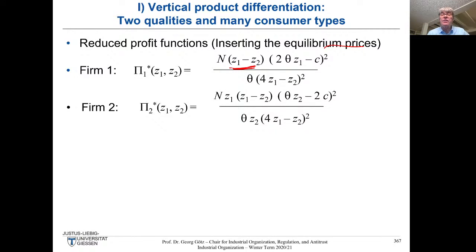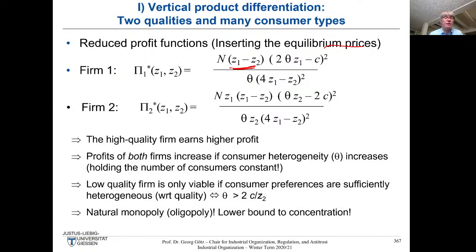You also can see the derivative with respect to Z1, I think that's what's written here. I should move on. What is clear is that the high quality firm earns a higher profit.